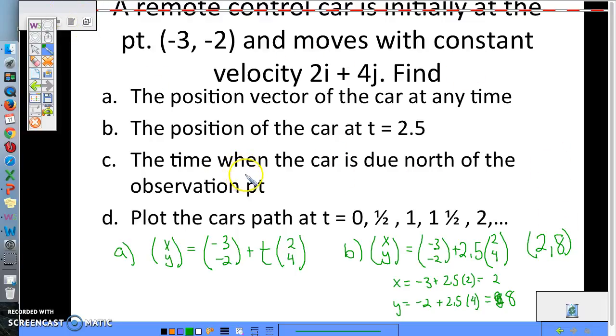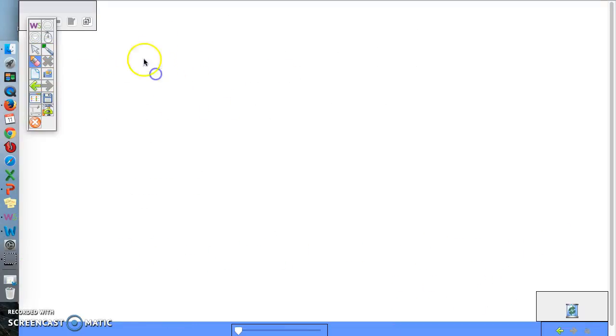Letter C says the time when the car is due north of the observation point. The observation point, which is missing from the problem statement, is the origin. So we want to know, when is the car north of the origin? We don't know our y value, but we know our x is 0.